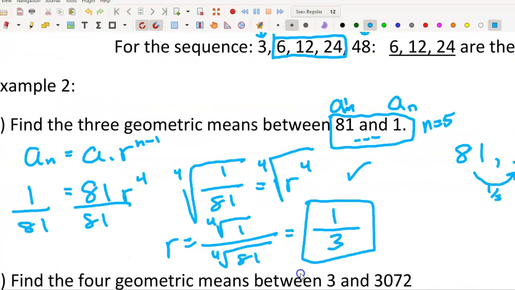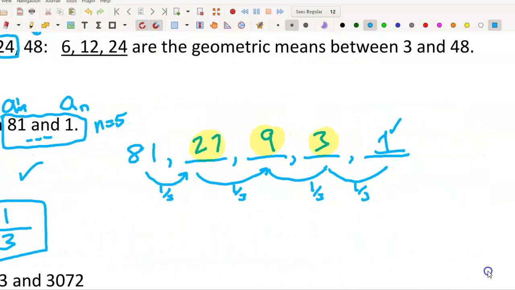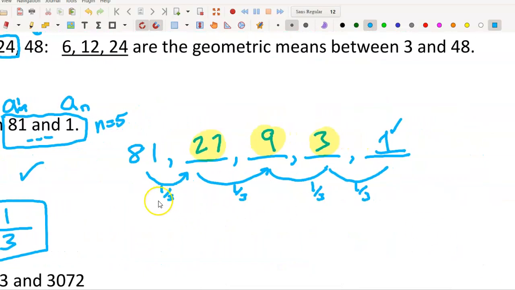Yes, question? Why couldn't r be negative 1/3? Try it. Negative, negative, negative, negative. Does that work? We get negative 27 and negative 3. And unfortunately, means have to be in between.